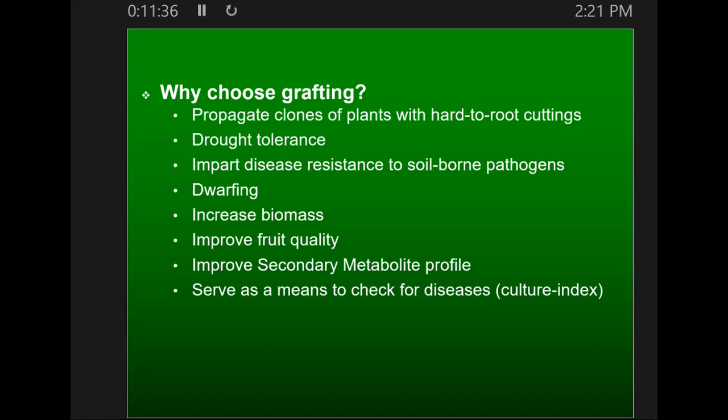If you do this grafting just right, it's called a culture index for disease rating. And so you can use it to assess whether or not there's some disease or pathogens lurking in there that you just didn't know were there. That's pretty laborious, and usually you send this out for a business to do it for you, but it is something that's commonly done.